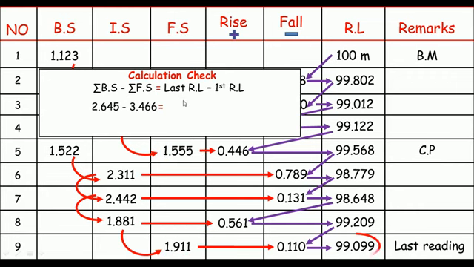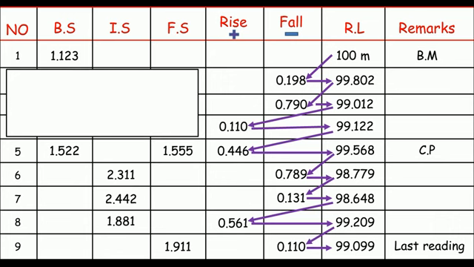Must be equal to the last RL, which is 99.099, minus the first RL, which is 100. Do some maths, we get the calculation like in this form. If you see, both sides of the equation are not the same, it means I should apply the second check. One of these two checks must satisfy the calculation.